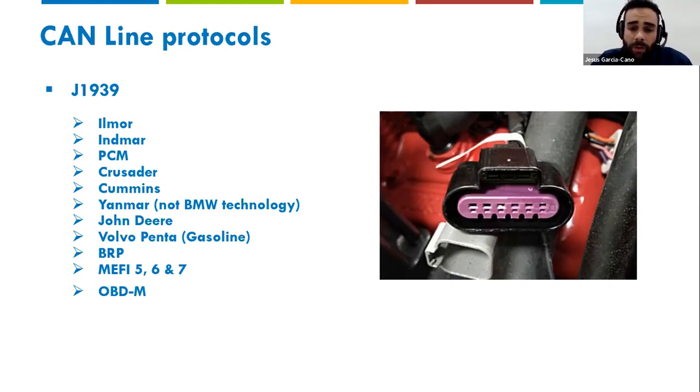It's really nice because with just one connector, we can connect to a lot of brands like Ilmor, Inmar, PCN, Crusader, even Mercury for the inboard engine, and newer Volvo Penta gasoline, MEFI 5, 6, and 7. So it's really nice for us and for the final user, because with just one cable we can connect to every brand. The pinout will be positive, ground, CAN high, and CAN low.